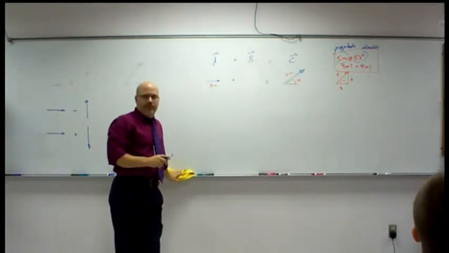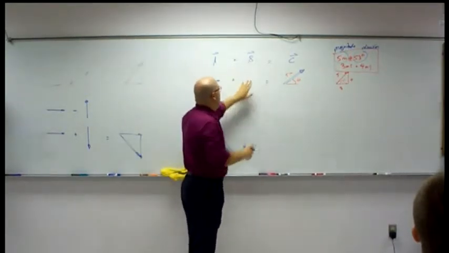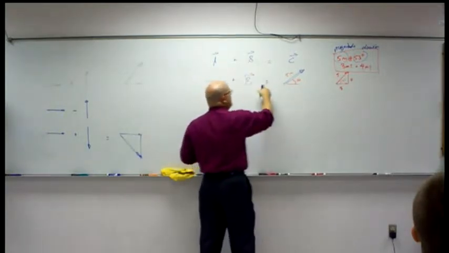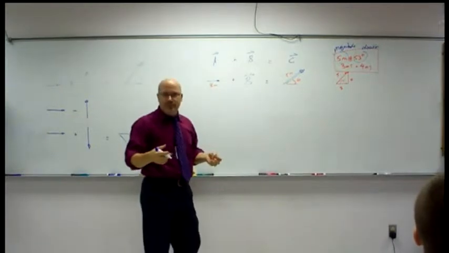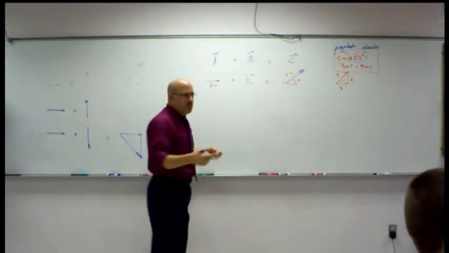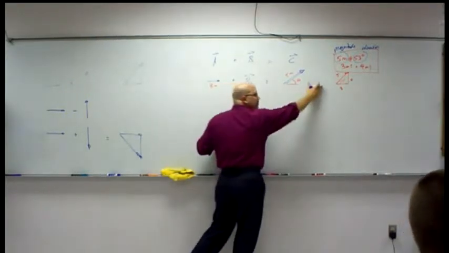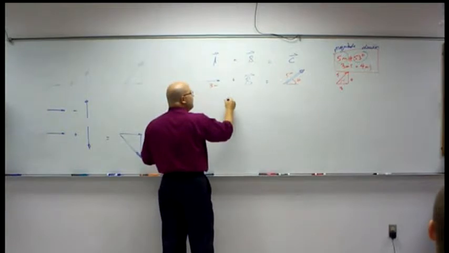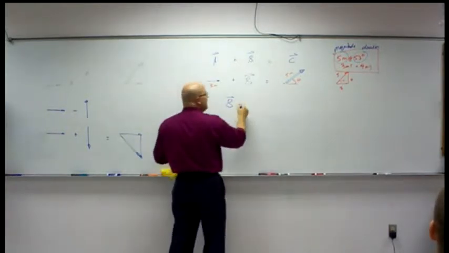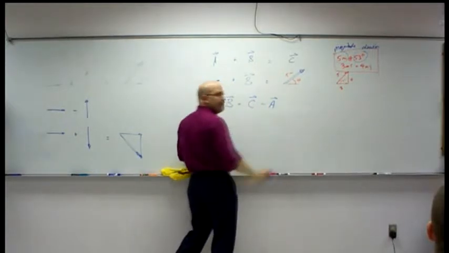This was my unknown: A plus unknown equals resultant. How would you handle that in algebra? You would just subtract this one from the other side, so you solve for B. The vector B, which is a component, equals the resultant, vector C, minus the component A.